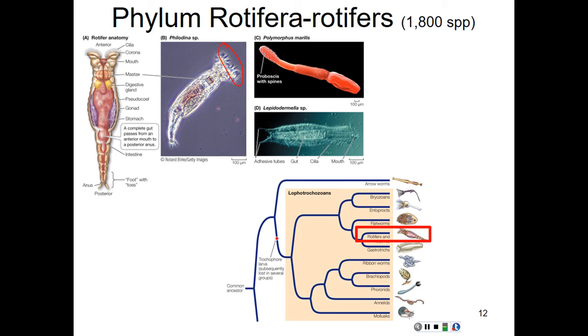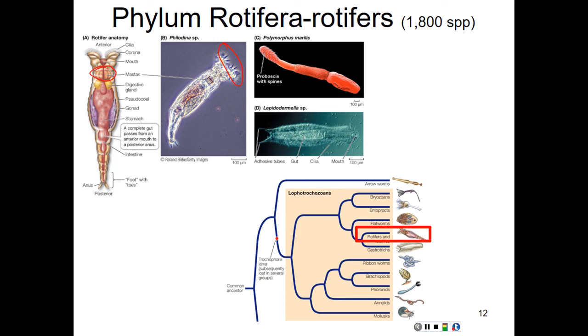So when it brings the current of water in, small organisms are swept along, and then these organisms can be sent down into the mouth, where they are pulverized in this area called the mastax, which can crush and pulverize food particles to help with digestion.